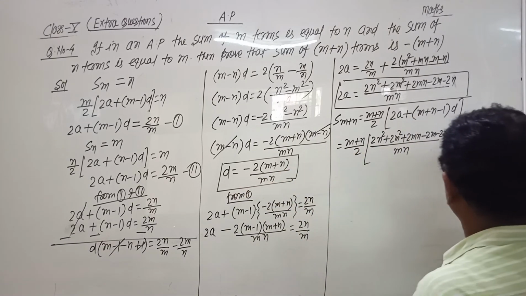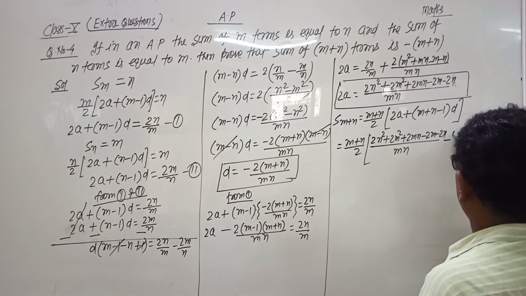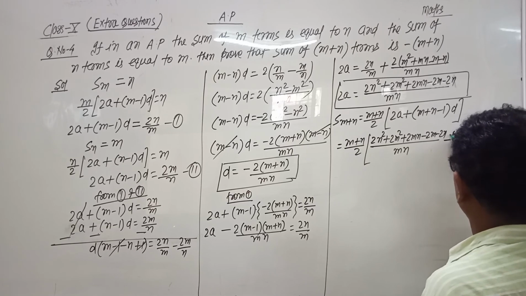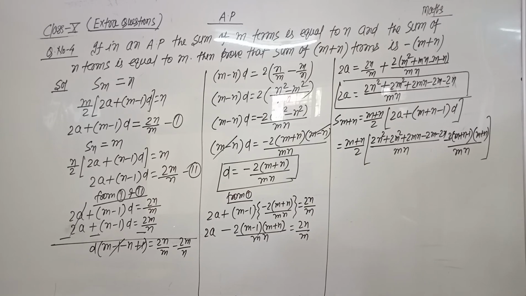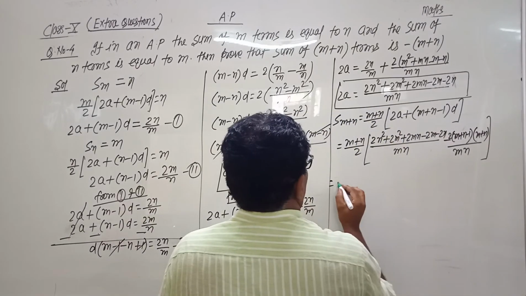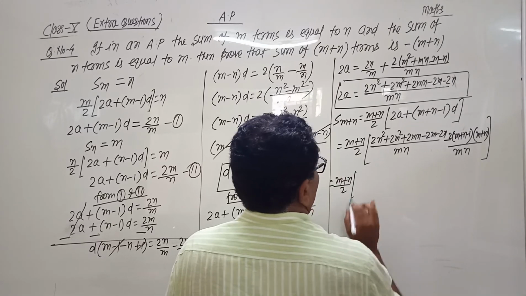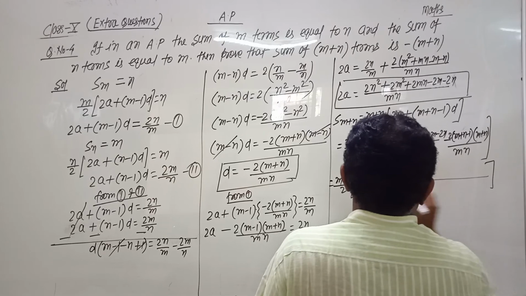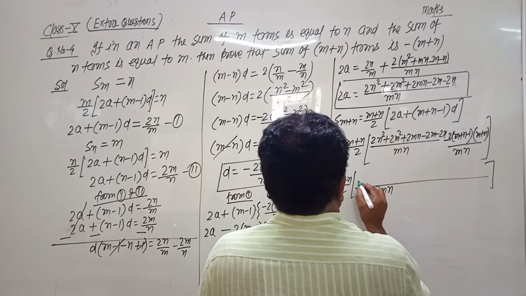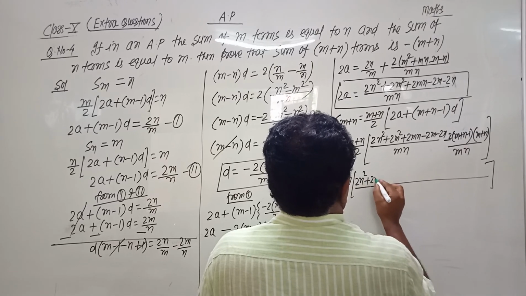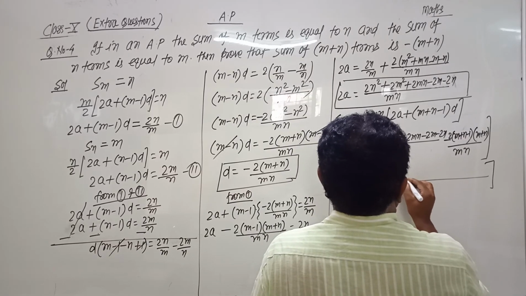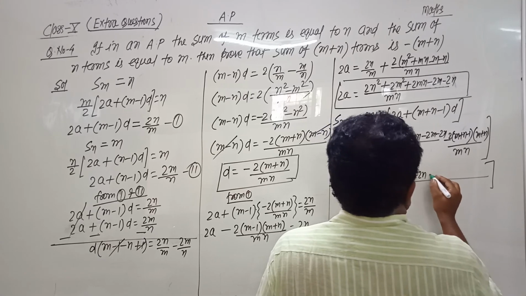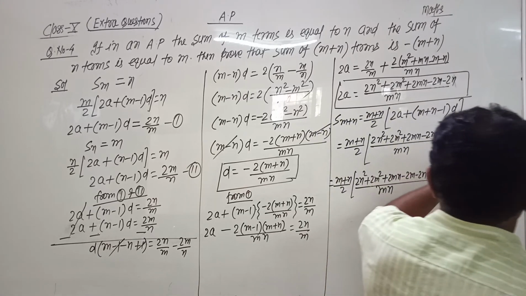So plus minus becomes minus, and (m plus n minus 1) into 2(m plus n) upon m into n. We put the value of d.